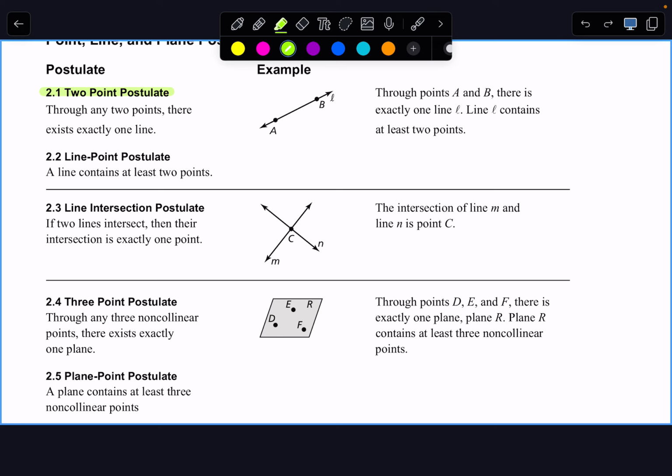Also, thinking backwards, if we have a line, then we know there's at least 2 points on it. 2 points, we can draw a line. A line has to have 2 points, but obviously there's an infinite number of points on a line.